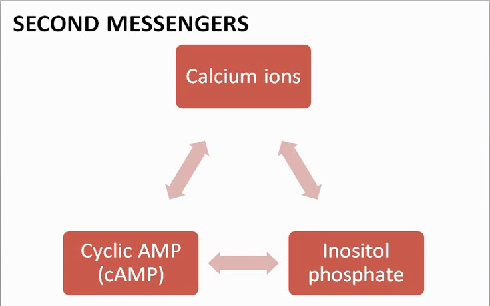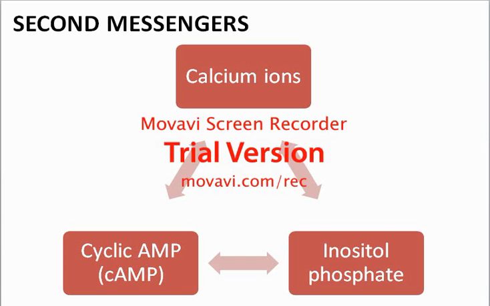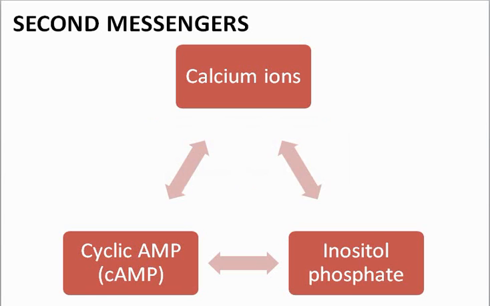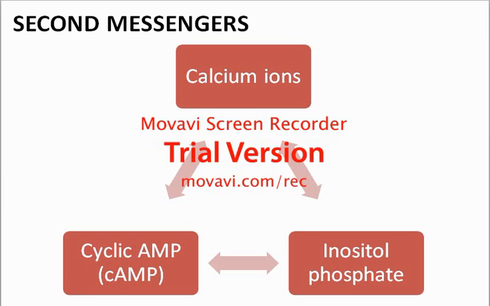Many pathways involve second messengers, which are small non-protein molecules that pass along a signal initiated by the binding of a ligand, which is the first messenger, to its receptor. There are three types of second messenger, which include calcium ions, cyclic AMP, and inositol phosphate. Let's look at the first second messenger, which is calcium ion.